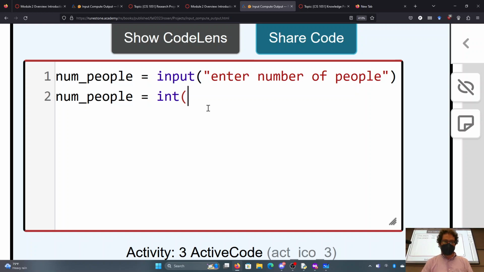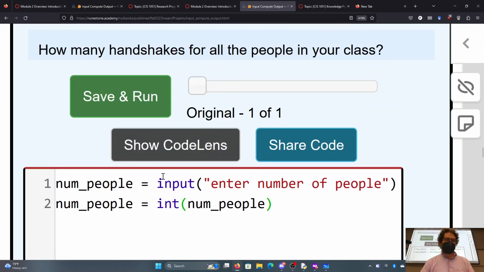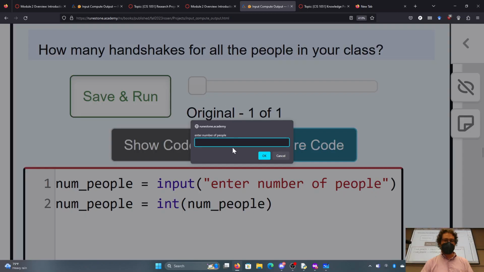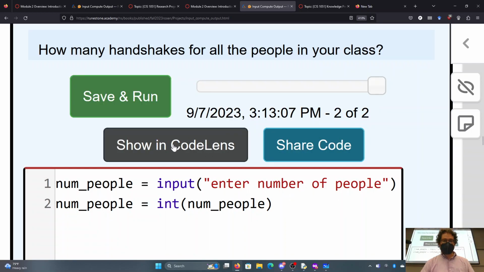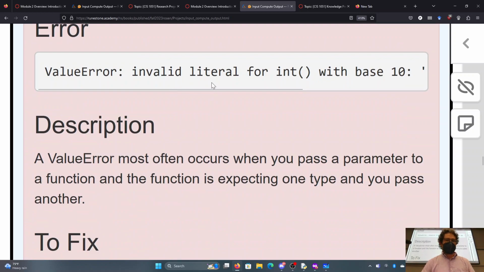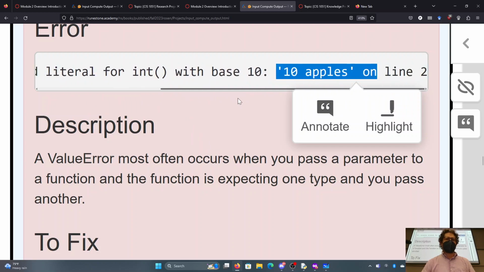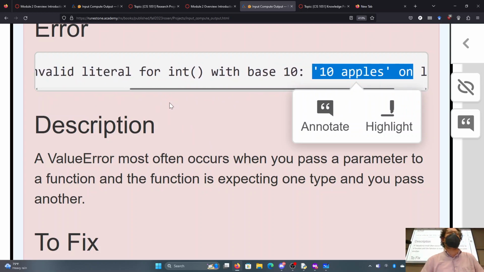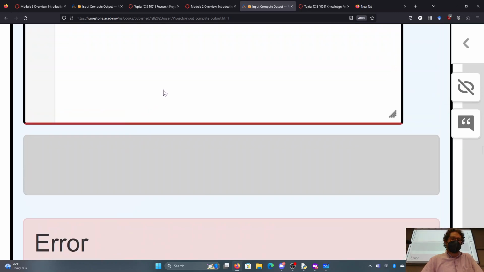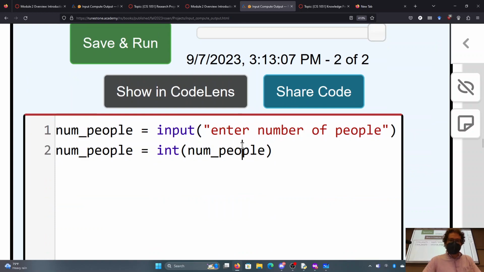So here I have the input statement, enter the number of people, and if I put in 10 apples, once I run it, it will give me an error, invalid literal for int with base 10, apples. If you parse that, it's basically saying that you can't convert letters into a base 10 number, right?